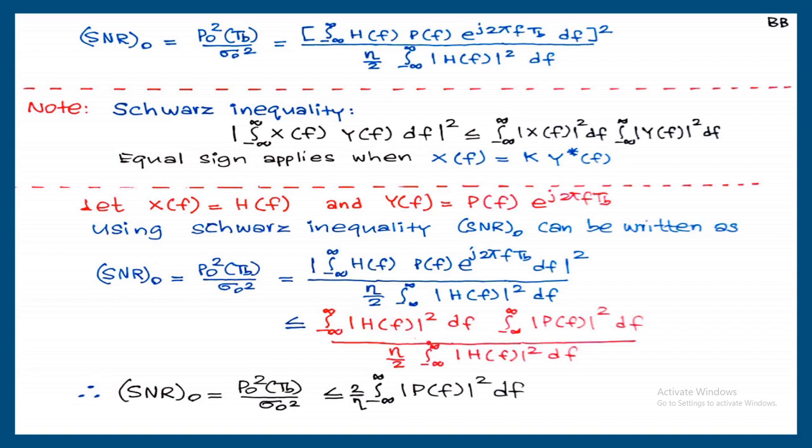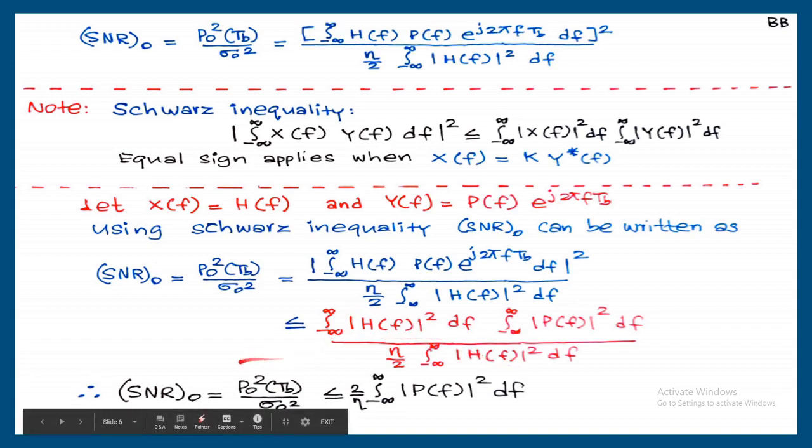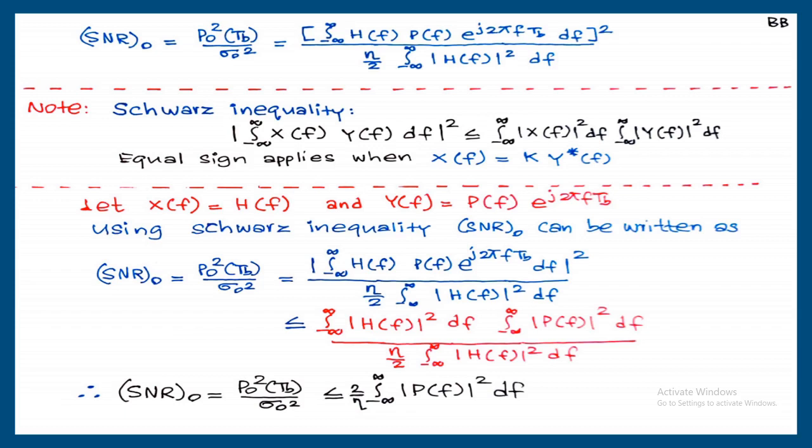So these two are going to be cancelled, and the answer is signal to noise ratio output is equal to P0 square TB upon sigma 0 square less than or equal to, denominator eta by 2 can be written as 2 by eta, 2 by eta integral minus infinity to plus infinity modulus p of f square df. So here we just applied that Shaw's inequality. Using that Shaw's inequality, we simplified our signal to noise ratio expression to 2 by eta integral minus infinity to plus infinity modulus p of f square df.